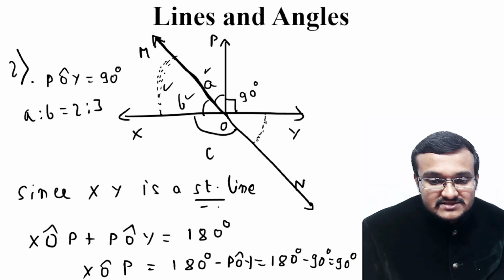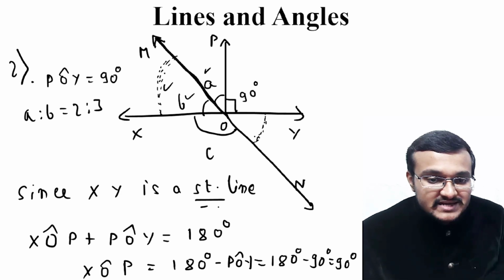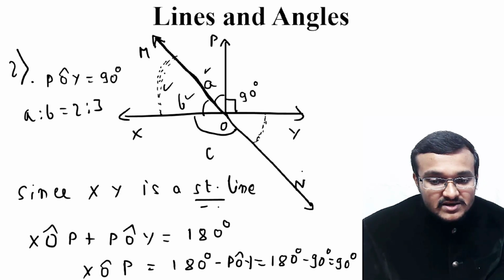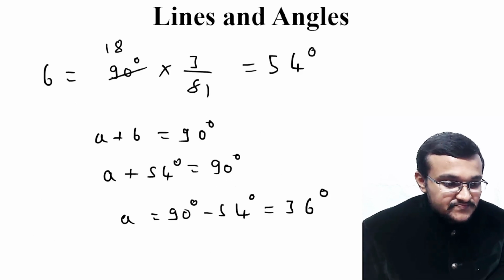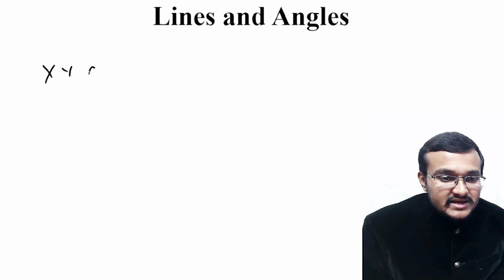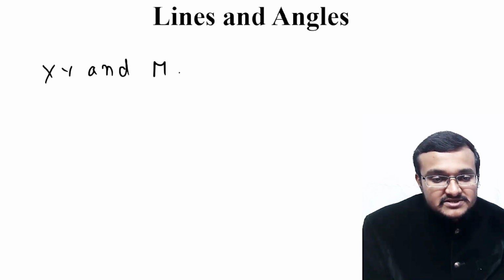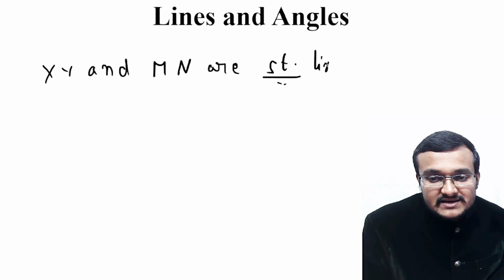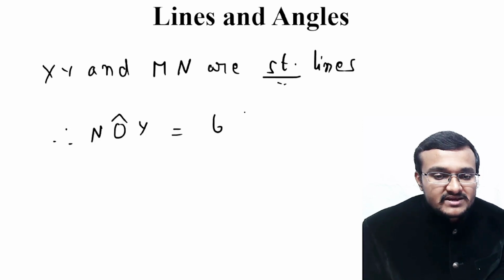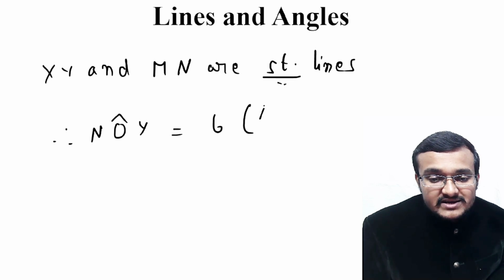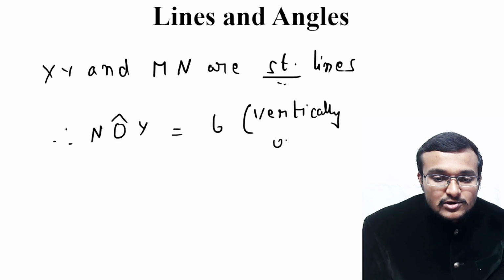So here NOY should be equal to B. XY and MN are straight lines. So therefore NOY is equal to B. These are vertically opposite angles.